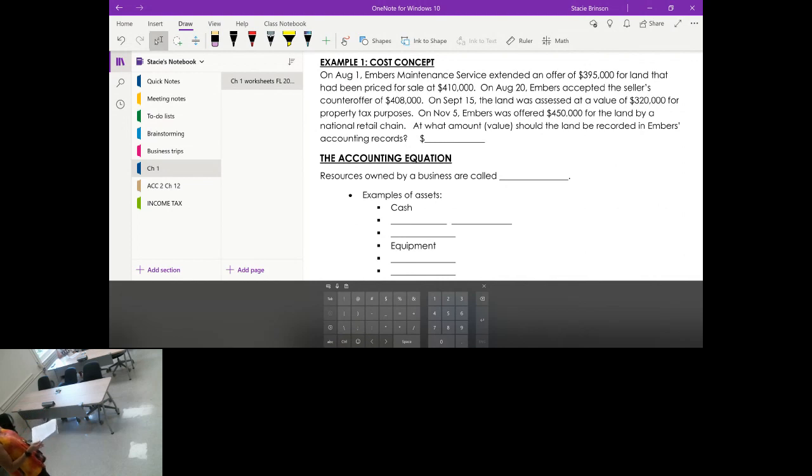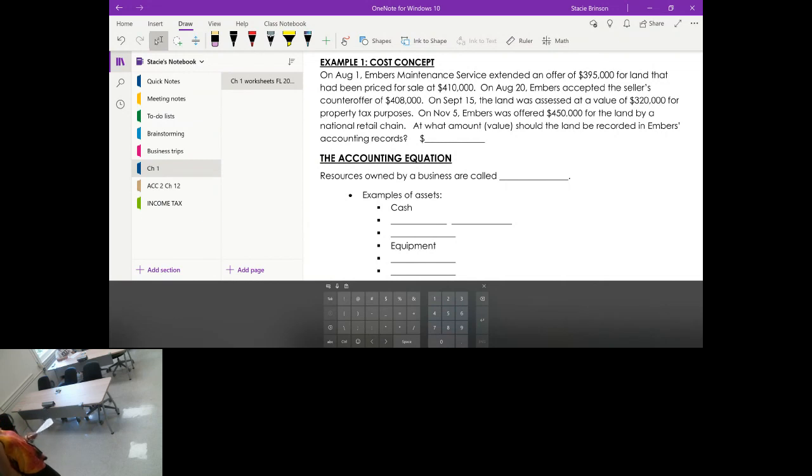They want $410,000, but Embers comes in and says, hey, I'll give you $395,000 for it. And in real estate transactions, you'll see this going back and forth. Offers, counter offers, offers, counter offers. It's not fun when you're in the middle of it. So they ask for $410,000, the company selling it. And Embers Maintenance is offering them $395,000. So on August 20, Embers accepted the seller's counteroffer of $408,000.